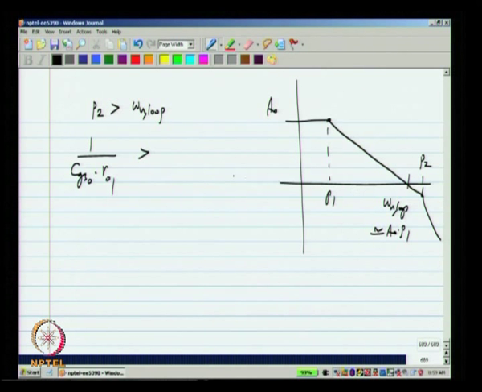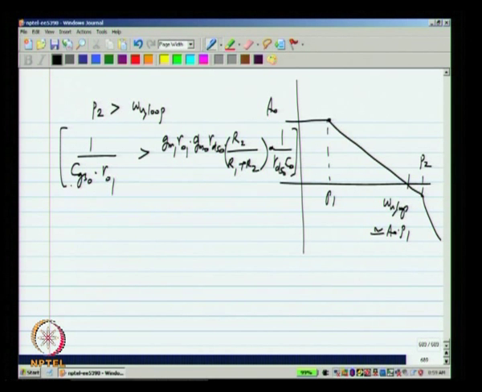And A naught we know is GM1 RO1, GM0 RDS0, R2 by R1 plus R2, the DC loop gain, times P1, which is 1 over RDS0 C0. This is the constraint.